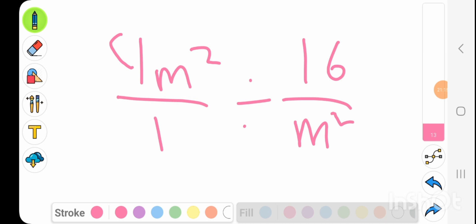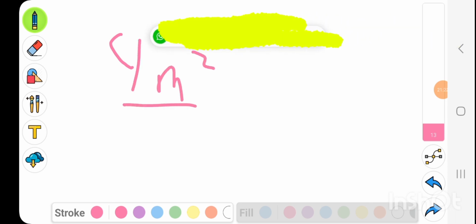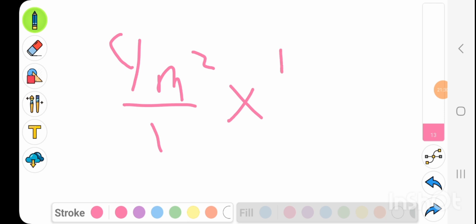And remember, always the reciprocal here. So, it's 4m squared over 1 times m squared over 16.